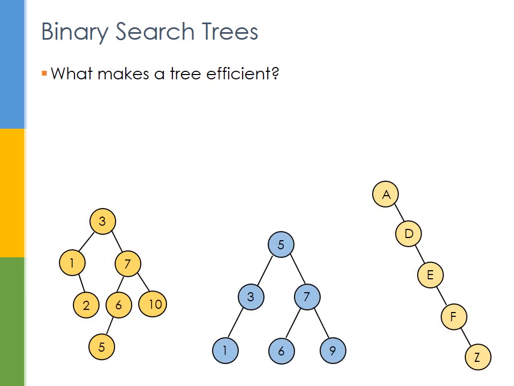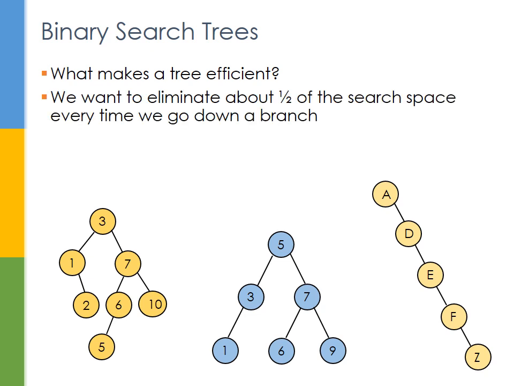So before we can get on to the actual definition of a balanced tree, we need to ask the question, what makes a tree efficient in terms of searching the tree? Well, as we've previously mentioned, what we essentially want to be able to do during search is eliminate approximately half of the search space each time that we follow a branch in the tree.